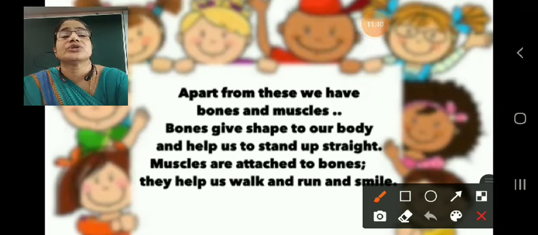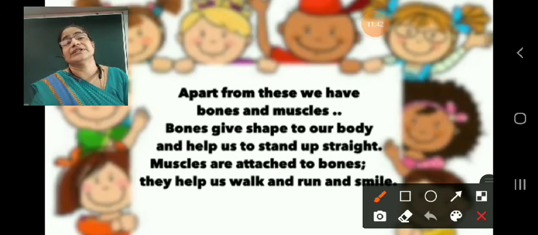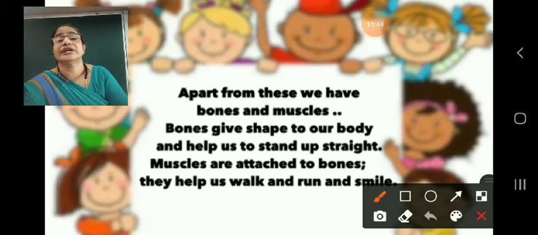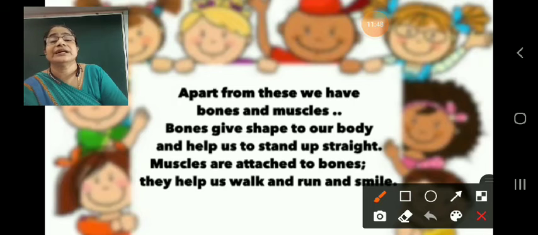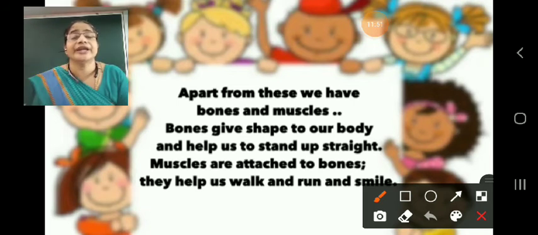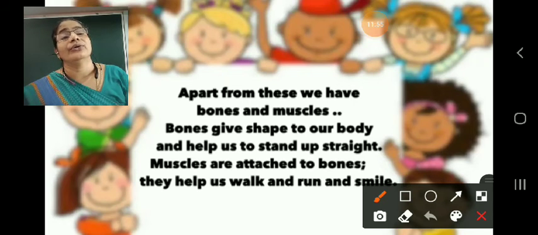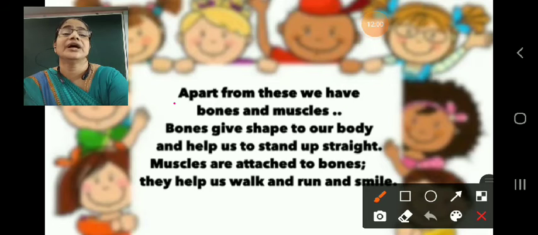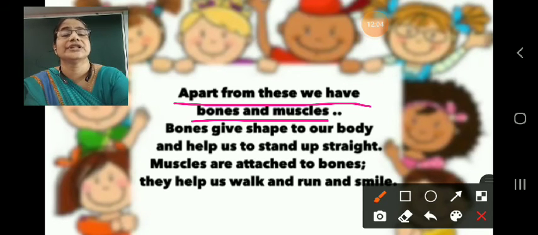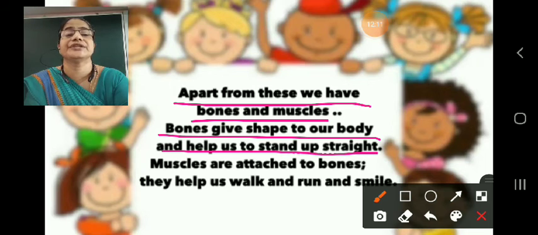And at last, it tells about bones and muscles. That is also internal body parts. Till now, we already learned the internal body parts of brain, lungs, heart, stomach. Here you can see bones and muscles. Bones give shape to our body and help us to stand up straight.